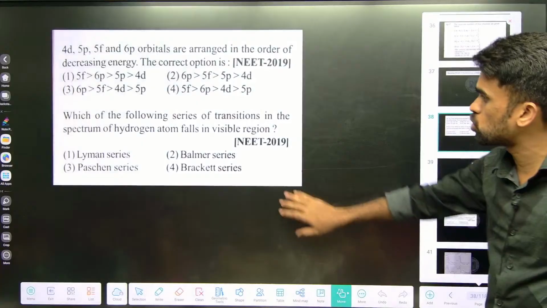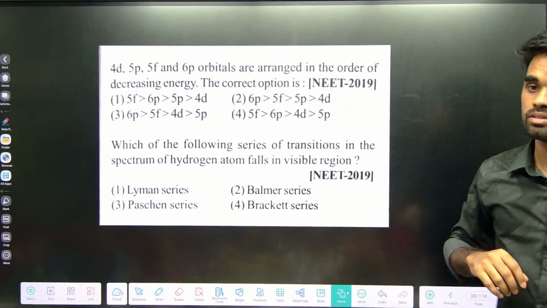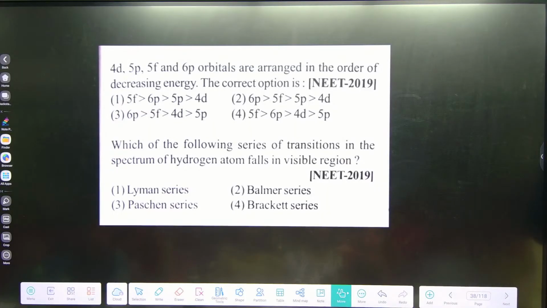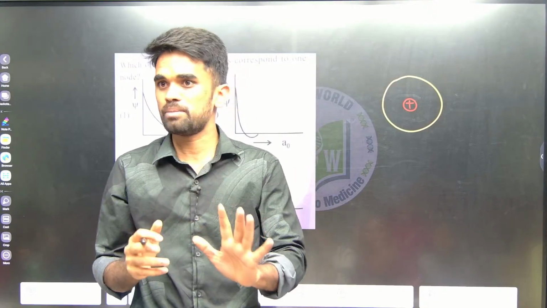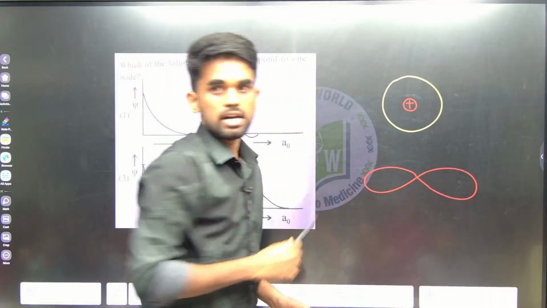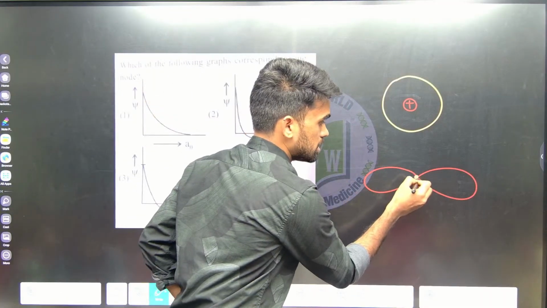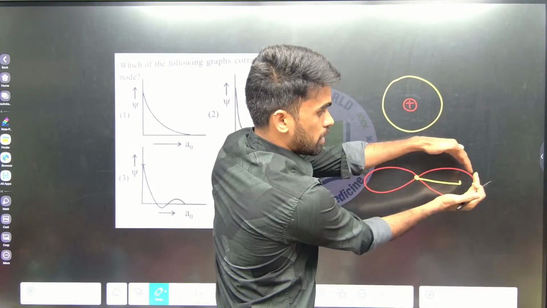Last, these two questions last. I don't want to extend anymore. Maximum probability, in which case? S orbital case. When you go for p orbital, it is something like this, dumbbell shape. If this is the nucleus, from the nucleus, if I move away, I am going to get a bigger lobe like this.